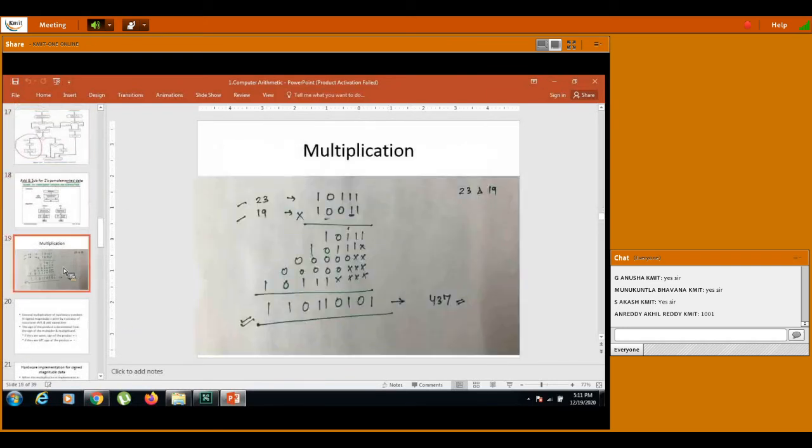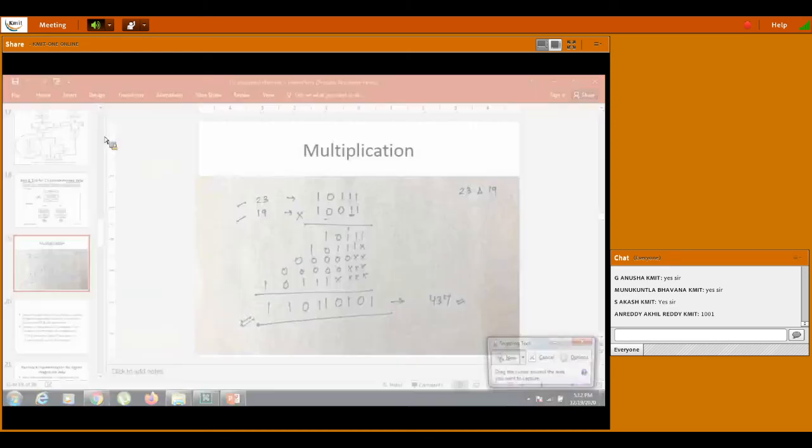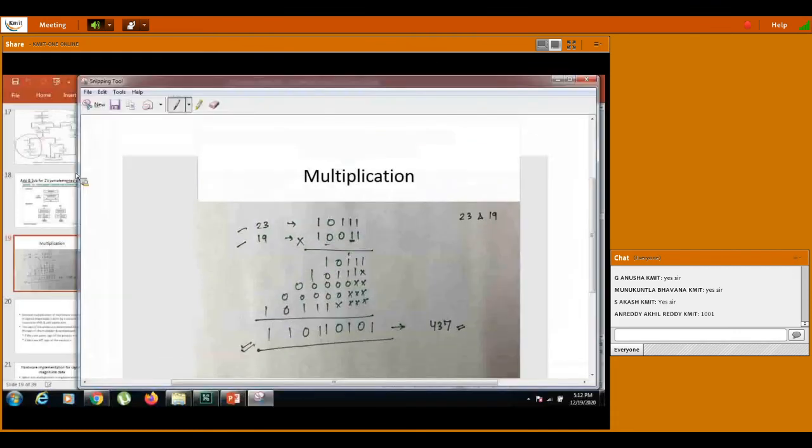Now, multiplication. How do we go about multiplication? In general multiplication, we take 2 binary numbers, 10111, which represents 23. How do we represent 23 in binary? You have the place values 32, 16, 8, 4, 2, 1.